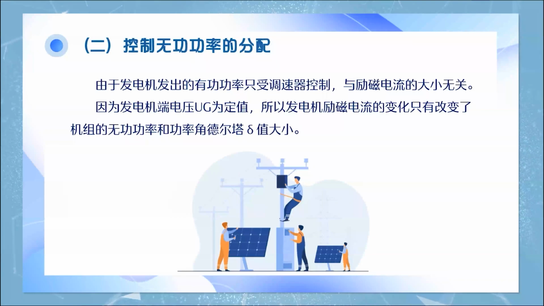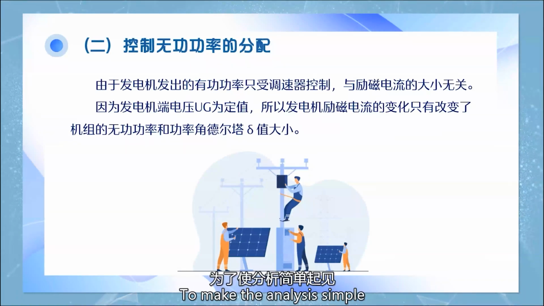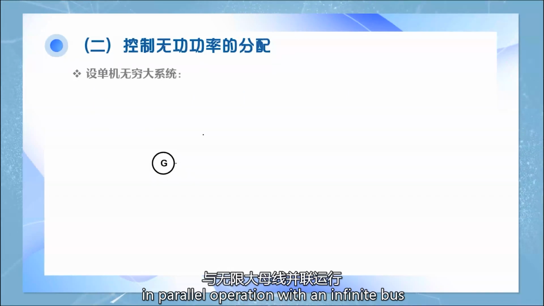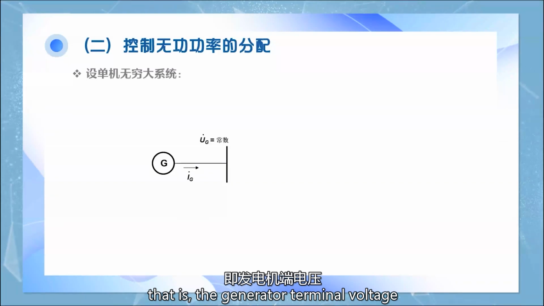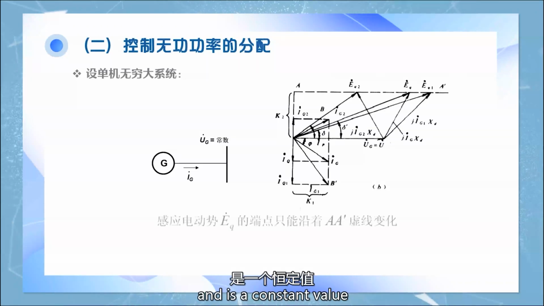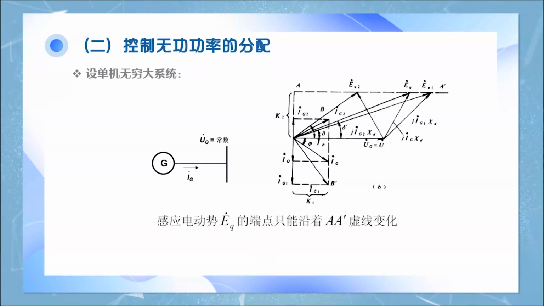To make the analysis simple, suppose the synchronous generator is in parallel operation with an infinite bus. That is, the generator terminal voltage does not change with the load magnitude and is a constant value, as shown in the figure.